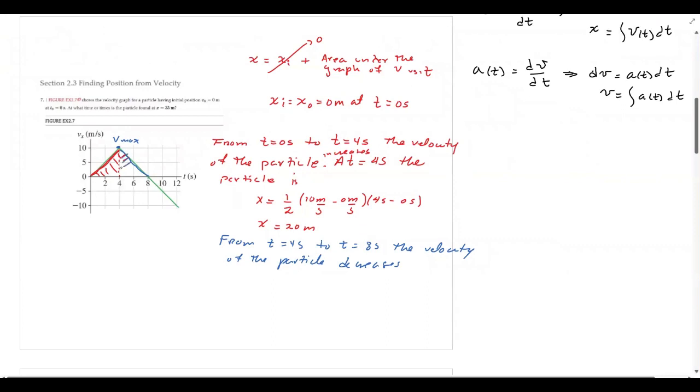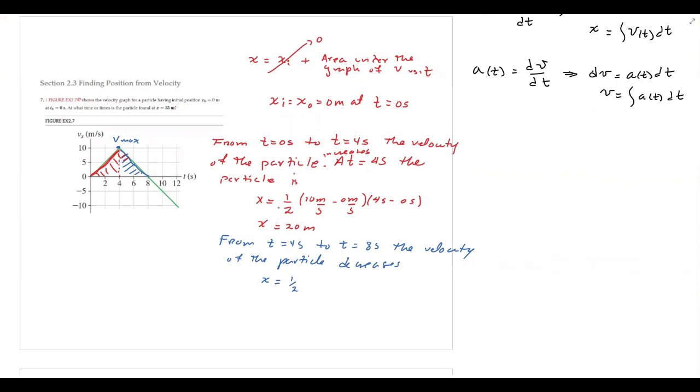When we find the area under this graph, now we have that x is equal to 1/2... Of course, we have an initial position now in this second part, okay? That is 20 meters.